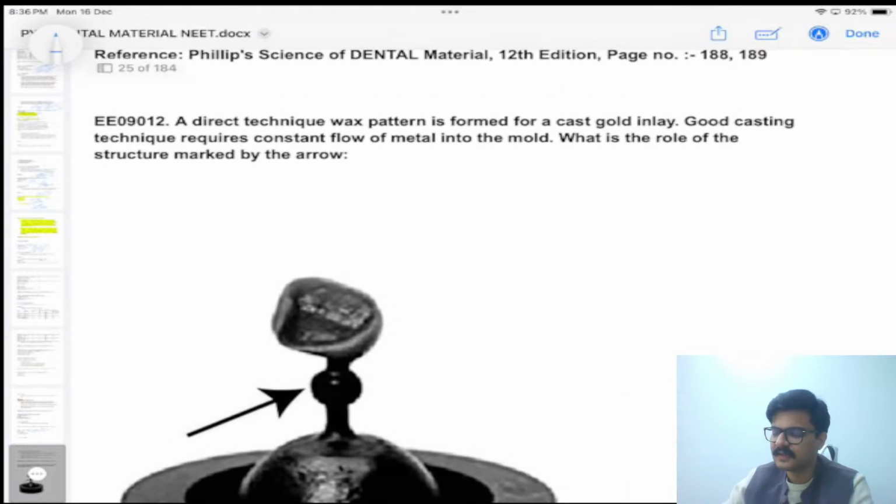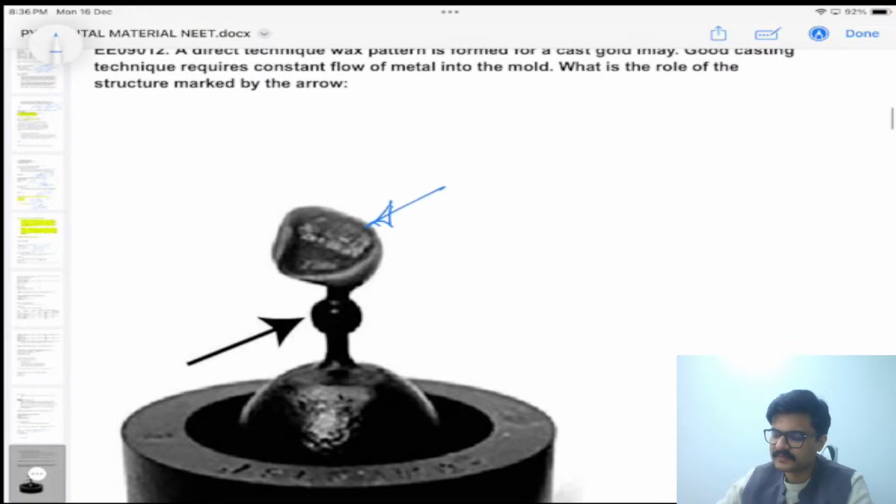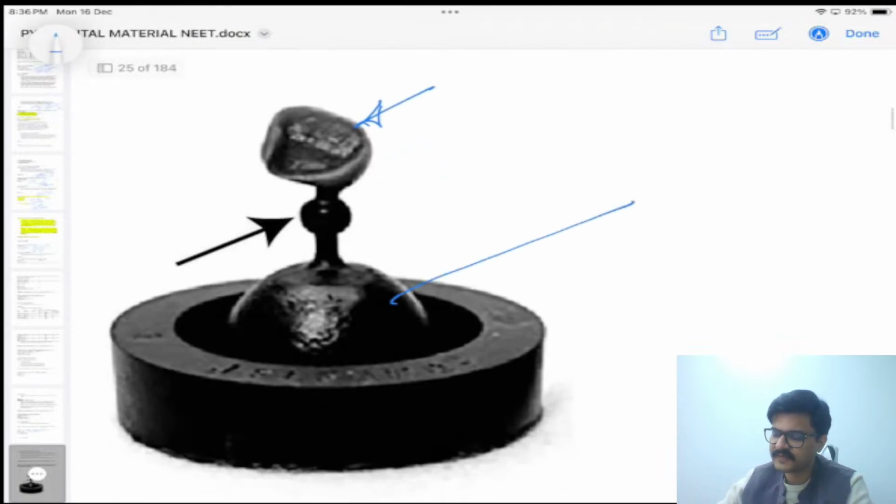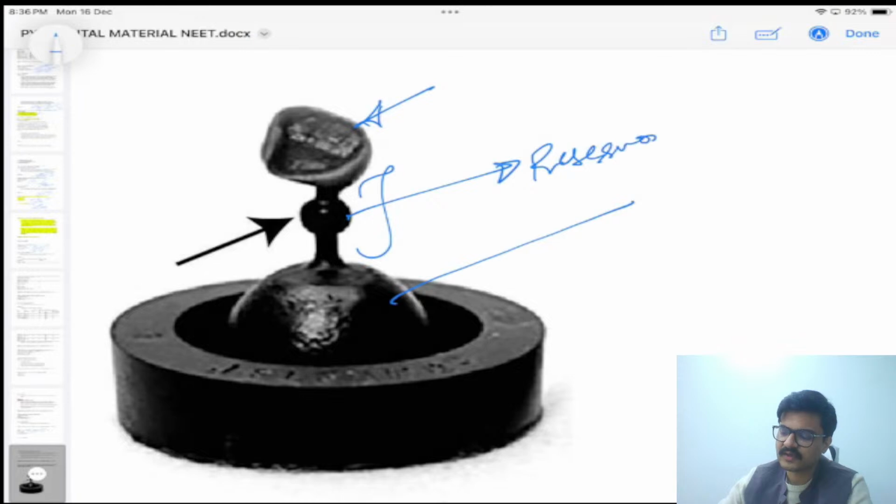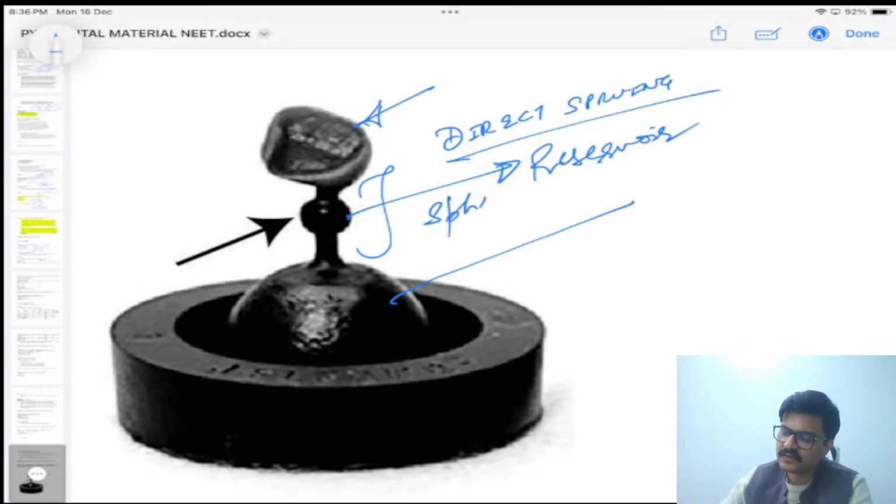Direct wax pattern. So this is the wax pattern. That's my crucible former base. That's my sprue channel made of wax. Now this dilatation is what? This is a reservoir. Now there's just one wax pattern, so this is an example of direct sprueing, right? And in direct sprueing also you can have a reservoir, and this reservoir is known as a spherical reservoir. What is it doing? It is a storehouse. It's like a dam containing water.